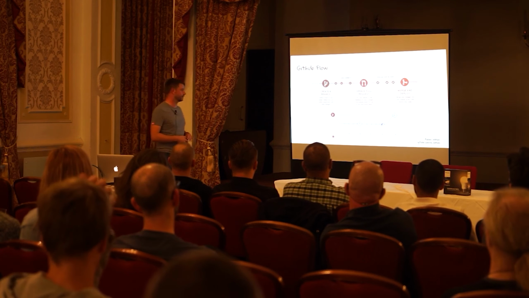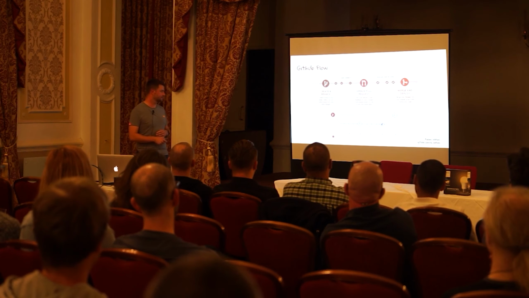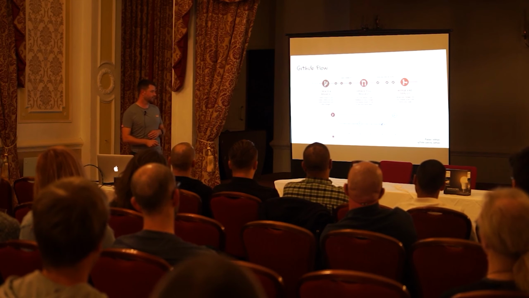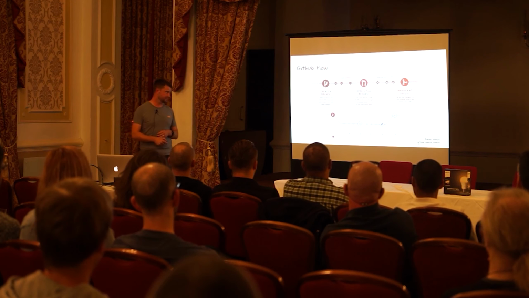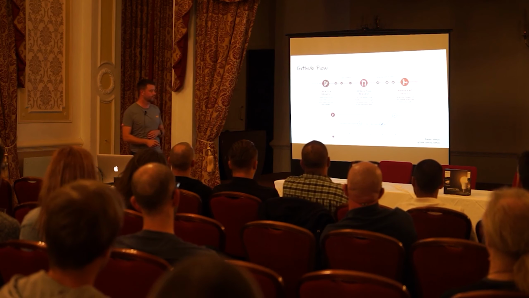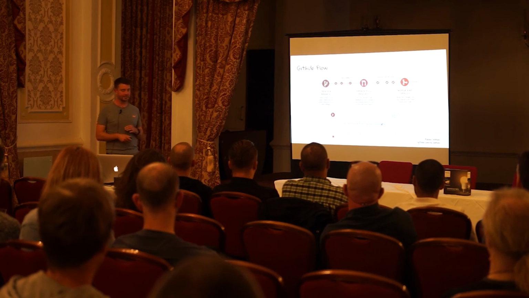When you want to create a feature, you just branch off of master, do your work there, and create your feature. Maybe you'll open a pull request at some point. You'll chat with some of your teammates, and they'll be able to comment and give feedback, and then you can merge back into master. And then everything is quite neat and easy to understand.